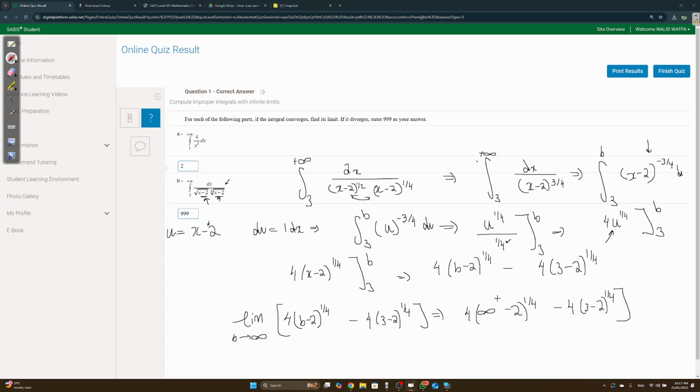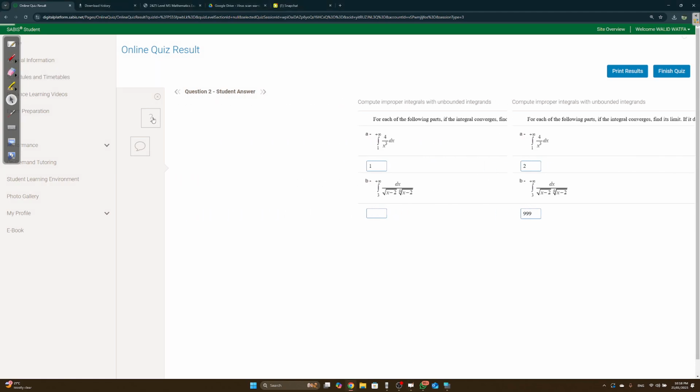What do you do here? Infinity minus any number is just infinity. Infinity to the power of any number is still infinity. Infinity times any number is still infinity. So all of this gets you infinity. Then infinity minus this, and infinity minus any number, no matter what it is, is also infinity. So do you get a number? No. It diverges, so you put 999. Okay, very easy. Question 2.